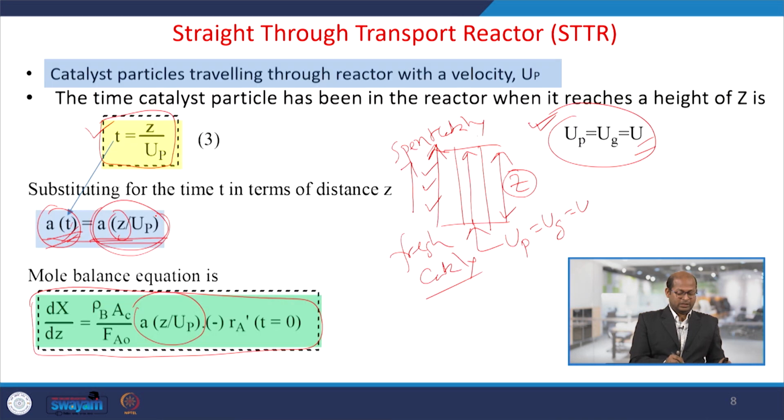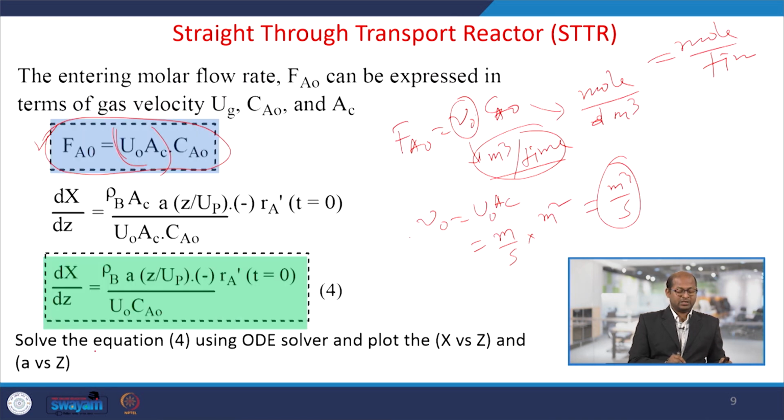Now in that equation F_A0 was there, which we can replace in terms of u_0, A_c and C_A0. Now these equations would become this after simplification, where we eliminate the cross-sectional area.